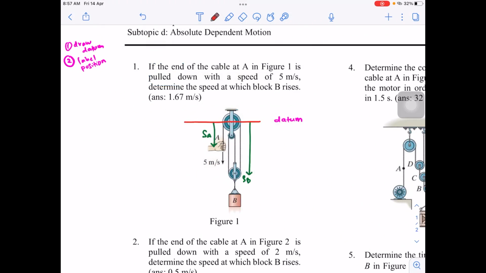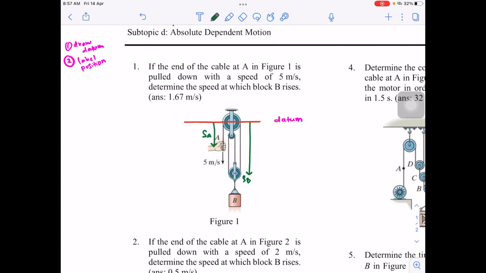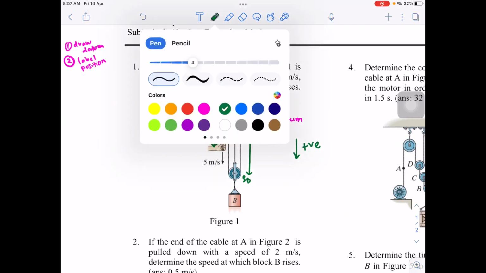Okay. Then direction is important. When we draw from datum, so the direction is this direction. So that means our direction here is positive. Okay, sebab kita draw datum daripada atas. Kalau kita draw datum, let's say, contohnya saya pilih datum saya kat sini.